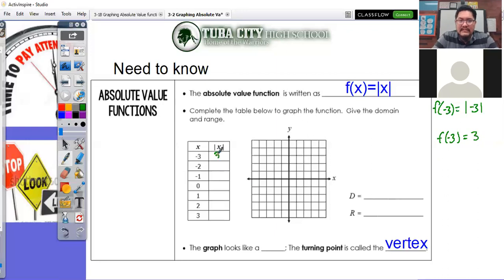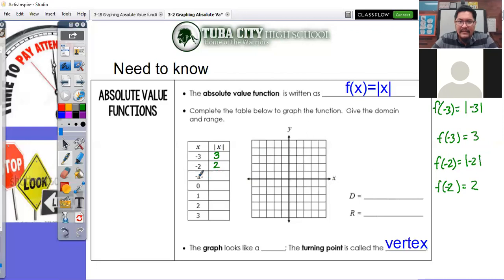So I'm going to put +3 right here. And then I'm going to do the same thing with f of -2, which is equal to the absolute value of -2. And if I take the absolute value of -2, well, again, that's going to also turn it positive. So we have +2.